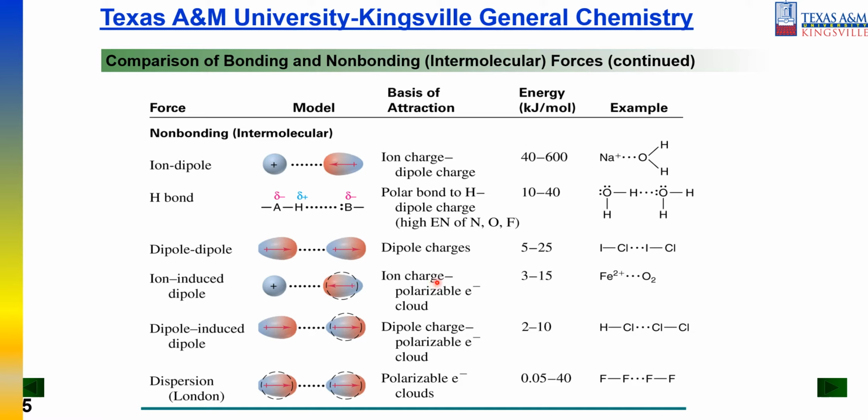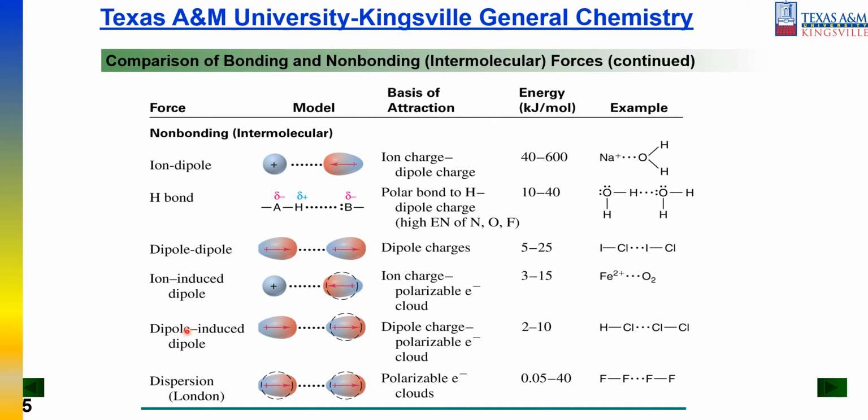Therefore, your ion charge and the polarizable electron cloud are attracted to each other. This instantaneous polarization you call polarizable electron cloud. This attraction ranges from 3 to 15 kilojoules per mole, such as your Fe2+ in your red blood, your heme attracted to your oxygen.